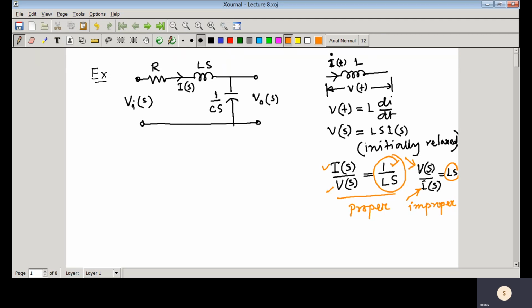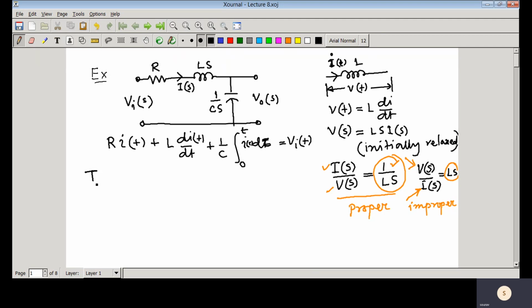Now go back to this particular example. If you write the KVL, that is R i(t) plus L di/dt plus 1 by C integral of i(tau) d tau from 0 to t, equal to vi(t), the input voltage.